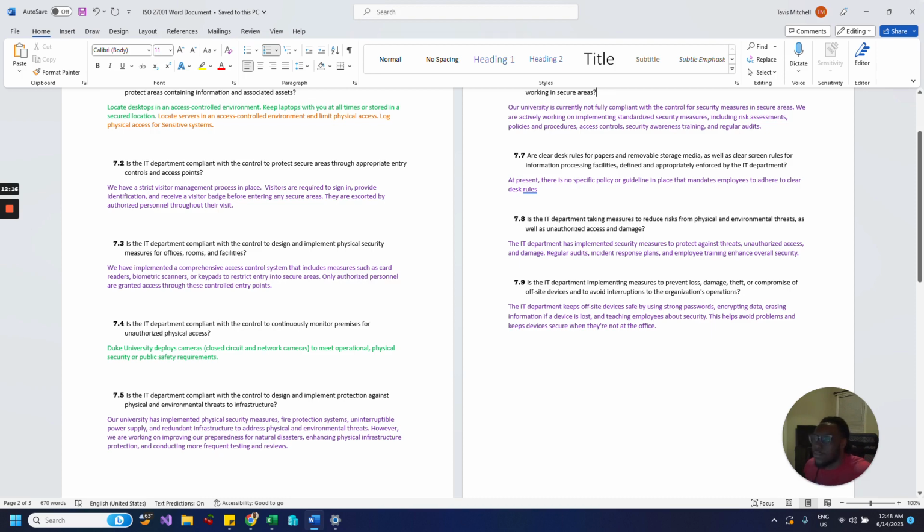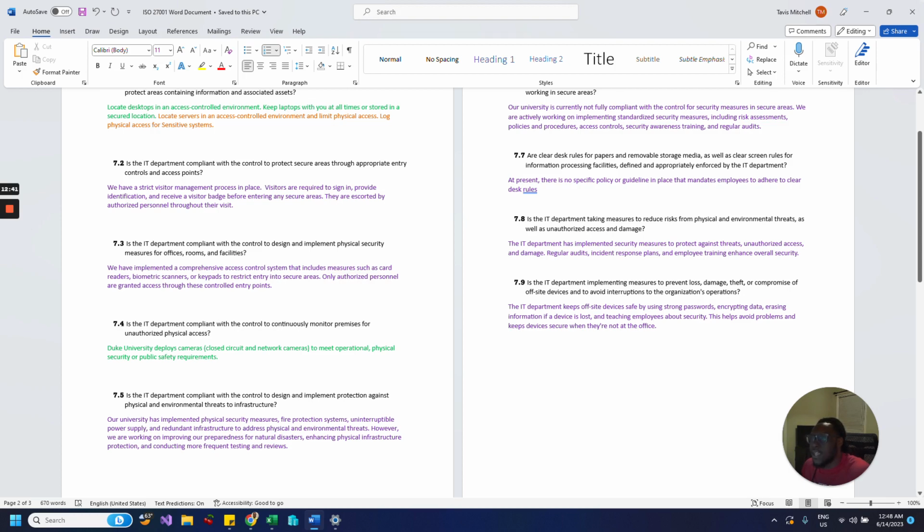Are clear desk rules for papers and removable storage media, as well as clear screen rules for information processing facilities, defined and appropriately enforced by the IT department? So are they enforcing clear desk, clear screen rules, guys? Are they enforcing the fact that they want you to have your work information off of your desk when you're not there? Okay.